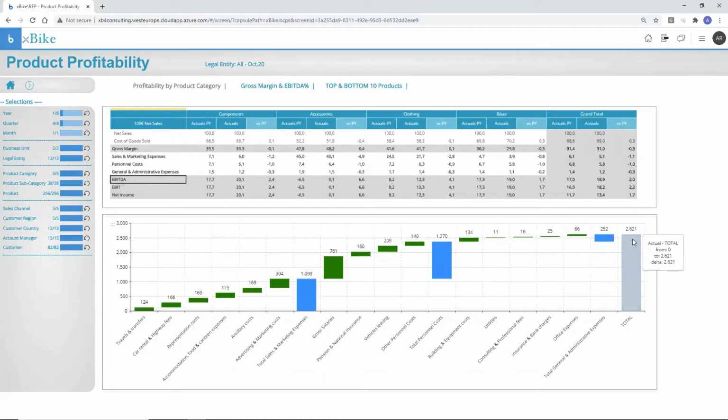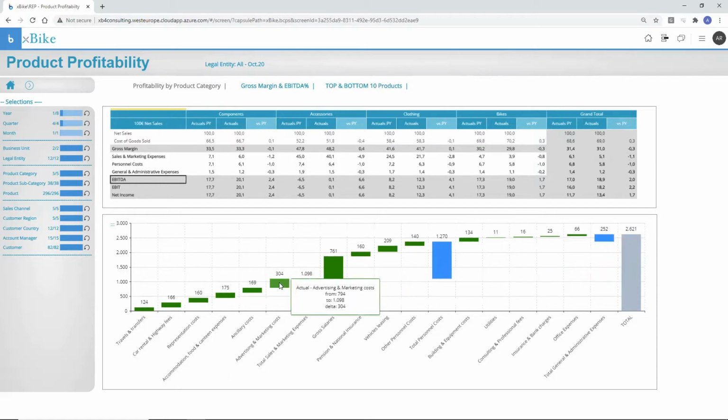So these 2.6 million expenses, I have 98 here on the total sales and marketing, 1.1 million, around 1.2 million on the personal expenses, and 250,000 on the general expenses.